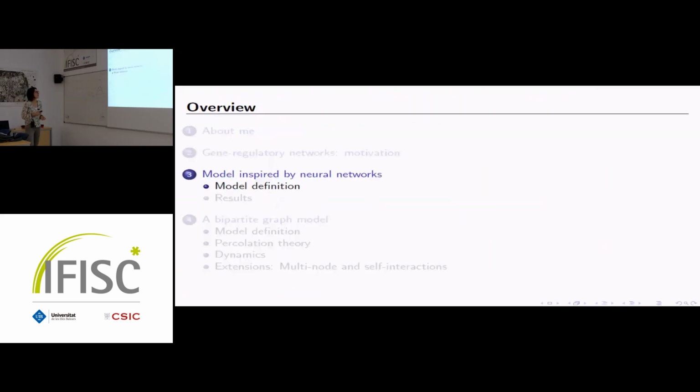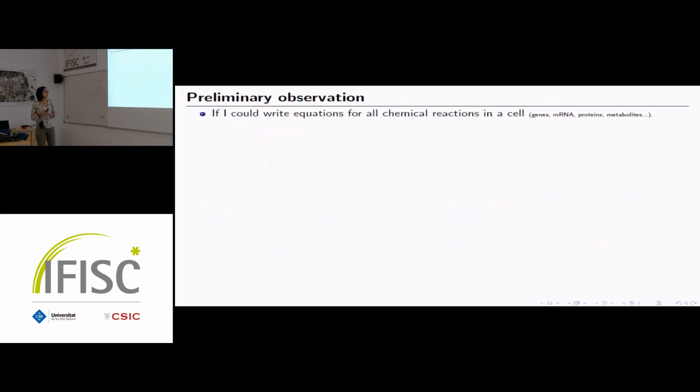So this is what inspired the first model. In particular, we started with a preliminary observation, which is, well, if we knew all the chemicals, all the processes inside a cell, and if we wrote down an equation for each single reaction, and then if we integrated out all the degrees of freedom except the genes, I would necessarily end up with a system of genes only, which effectively interact with each other, okay?